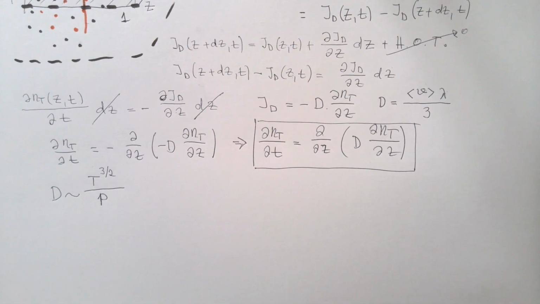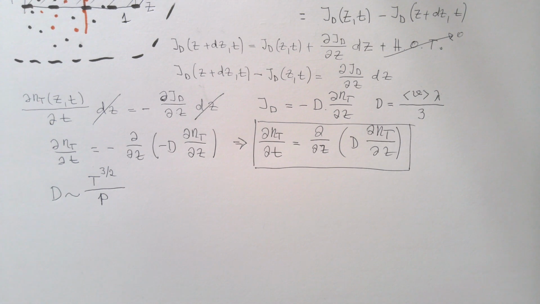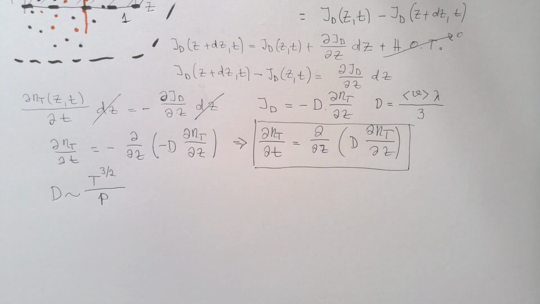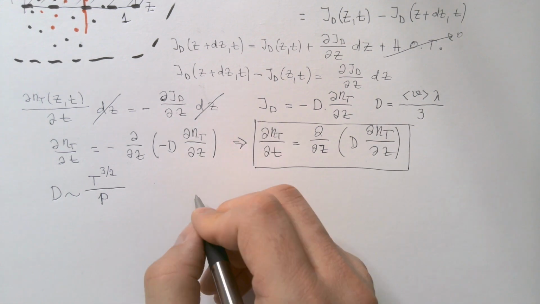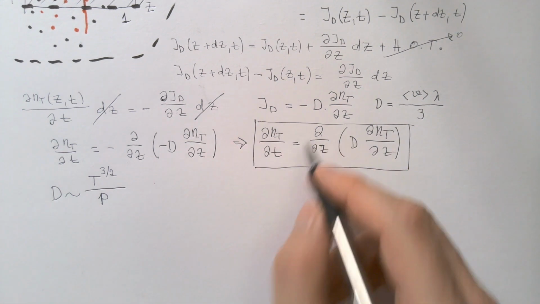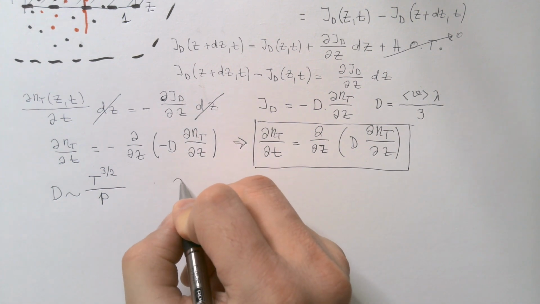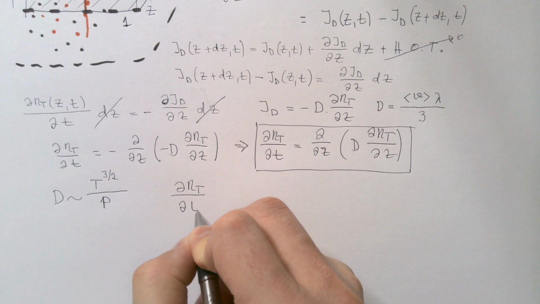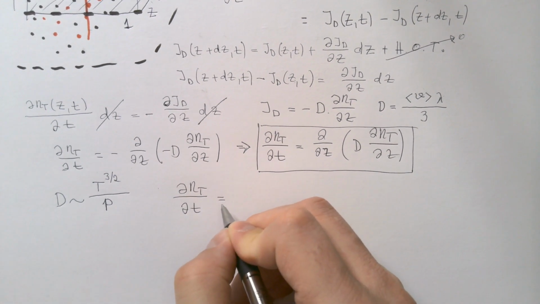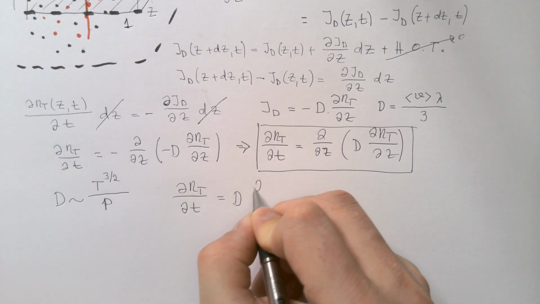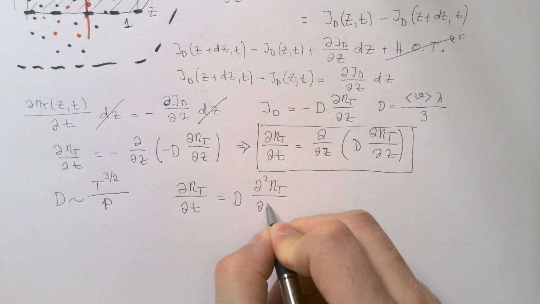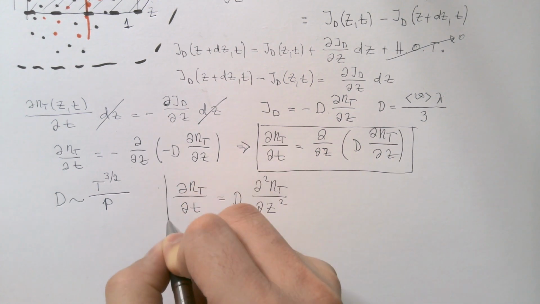However, in most cases, we are looking into the gas that is in thermal equilibrium, which means d is indeed constant, and in that case, we can take this out of the differentiation, and we get that ∂nt/∂t is equal d ∂²nt/∂z².